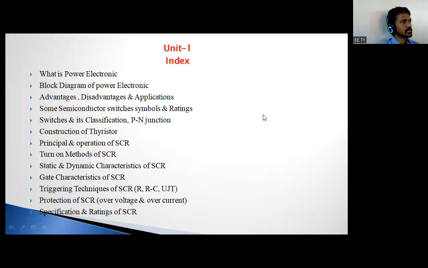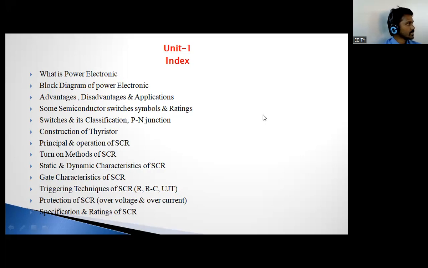What are the power semiconductor devices? Diodes. Diode is also a power semiconductor device. MOSFET is also a power semiconductor device. Transistors: the transistor family means MOSFET, IGBT, BJT. And the thyristor family is also power semiconductor devices.